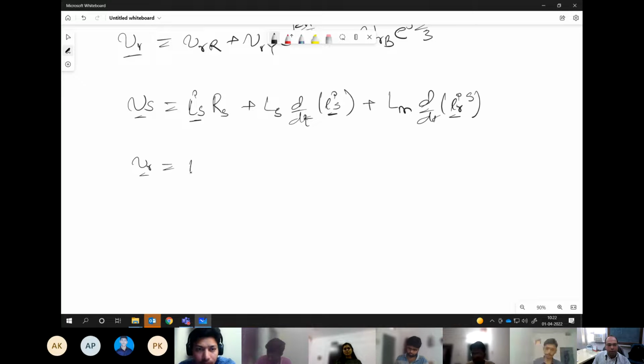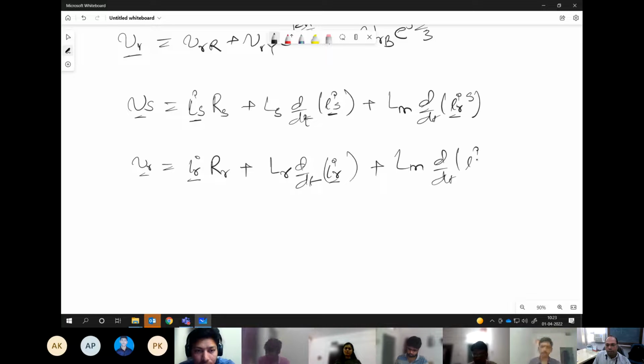So this is the combined form of all three phases. That's what we have been trying to do: visualize the quantities as vectors. This becomes Lr and Ir. Fine. So we have the clarity, right?